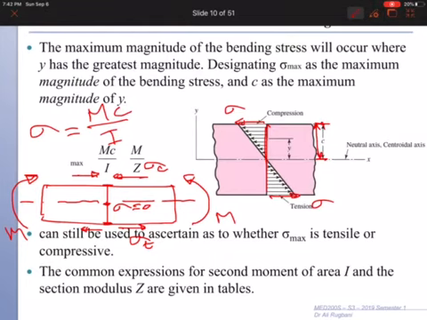How far is the point from the neutral axis? M is the bending moment, of course, and I is the second moment of area, and it depends, of course, on the cross section area, the shape of the cross section. Is it square? Is it circular? Is it a tube? And so on. So this is sigma from bending moment.